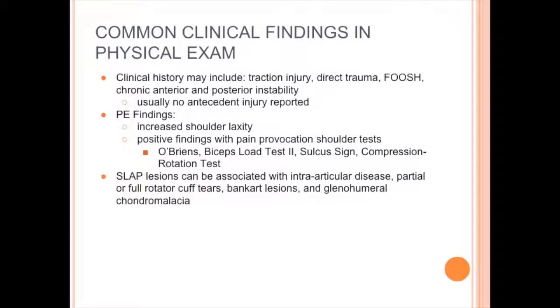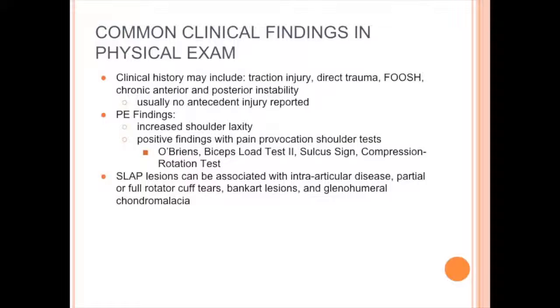In a physical exam, the clinical history of the patient could include traction injury, a direct trauma, fall on outstretched hand, chronic anterior and posterior instability, and usually there's no previous injury reported.